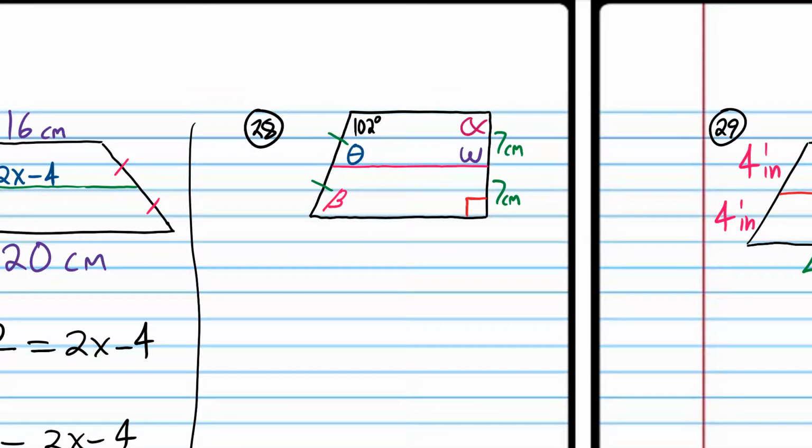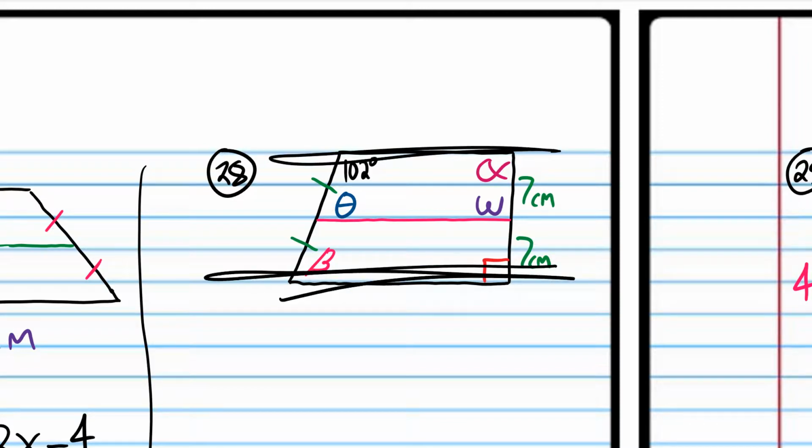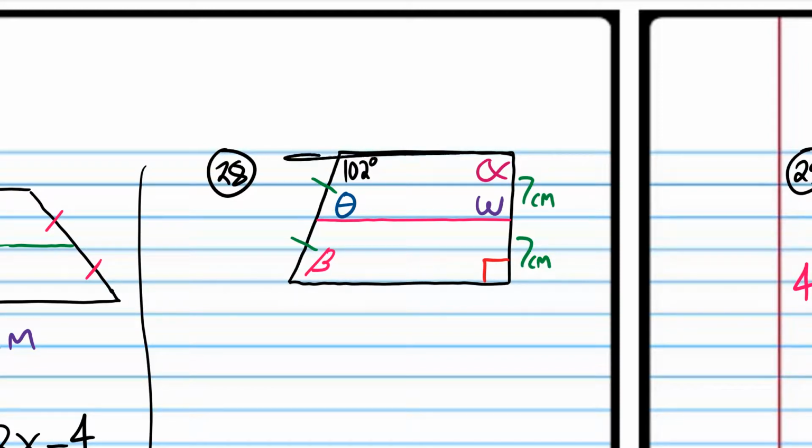So if it's parallel, that means that these two angles are supplementary, and these two angles are supplementary. Now, because this is a trapezoid, obviously this angle and this angle are supplementary. We already learned that. But because this line segment is parallel, the same applies for these angles. They're supplementary also, because we're not just dealing with two parallel lines, we're dealing with 3 parallel lines.